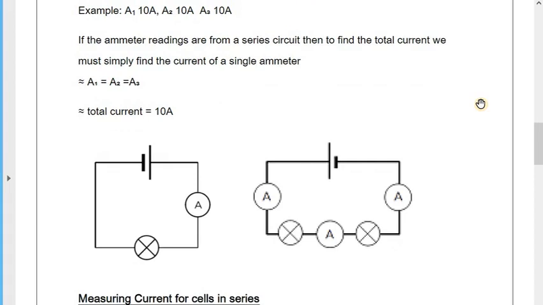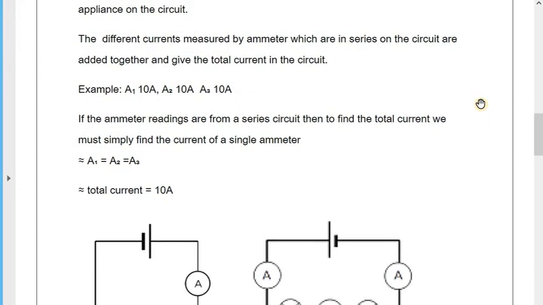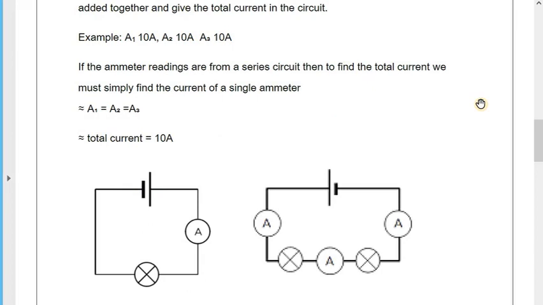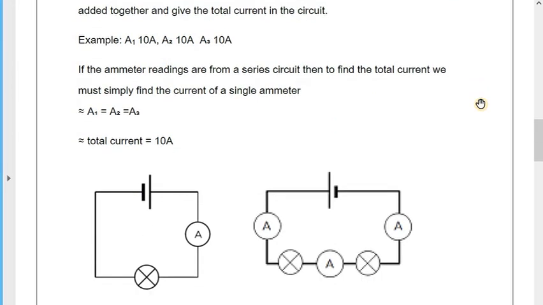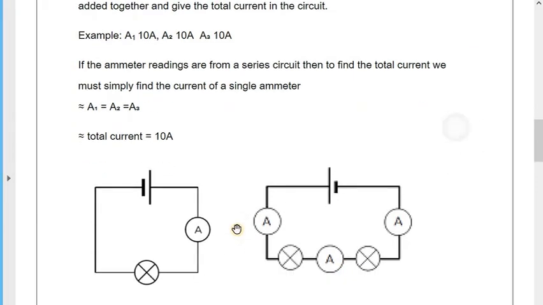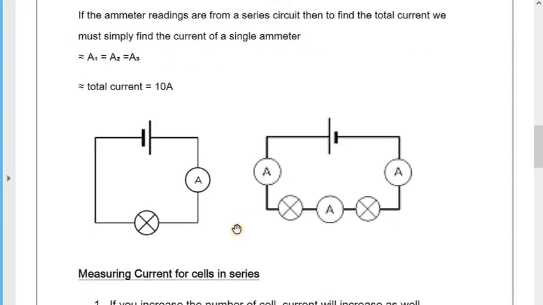I gave this as an example, the one with 3 ammeters, where we say there's ammeter A1, A2, and A3. For ammeters in a series circuit, to find the total current we must simply find the current of a single ammeter. Because the current is the same throughout the circuit, the current on A1 will be the same as the current on A2, the same as the current on A3.